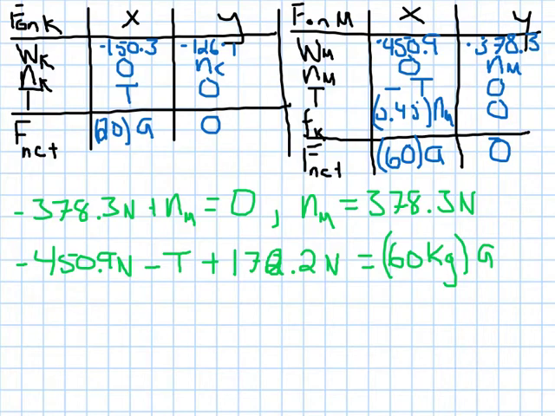Well, I'm kind of stuck. I've got two numbers here, which I can combine, but I don't know the tension. So let me go ahead and combine those. I'll simplify this, and then we'll go after the tension.